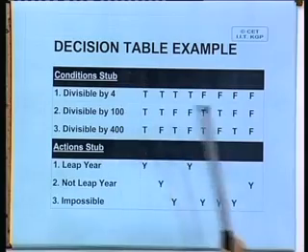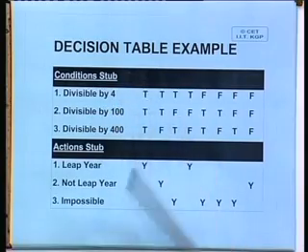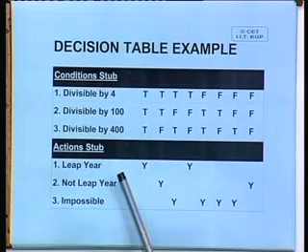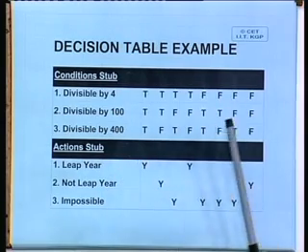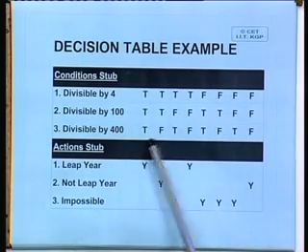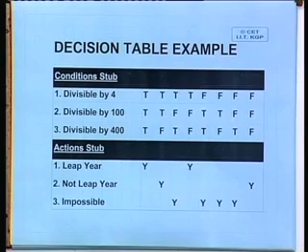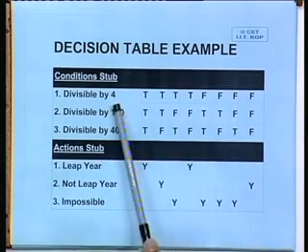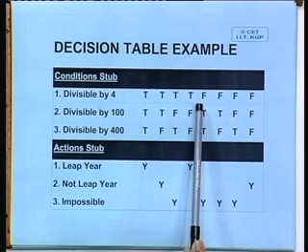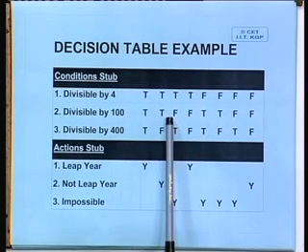So, what we do, since each condition can be either true or false, it is a binary decision table. We have to illustrate them in terms of all possible combinations amongst these 3 conditions. We know that 3 conditions, each is binary, so 2 to the power 3, there are 8 possibilities. How to write them? First you put the first one true, then you put the second one true.